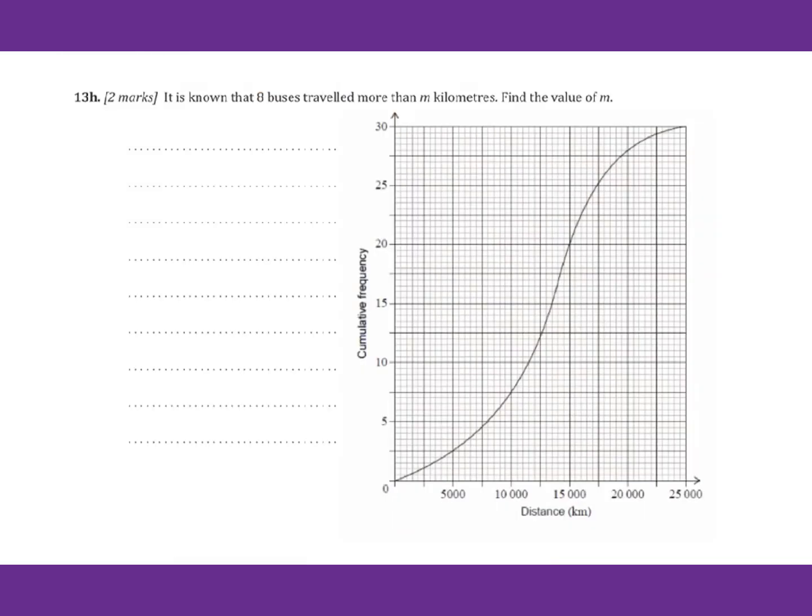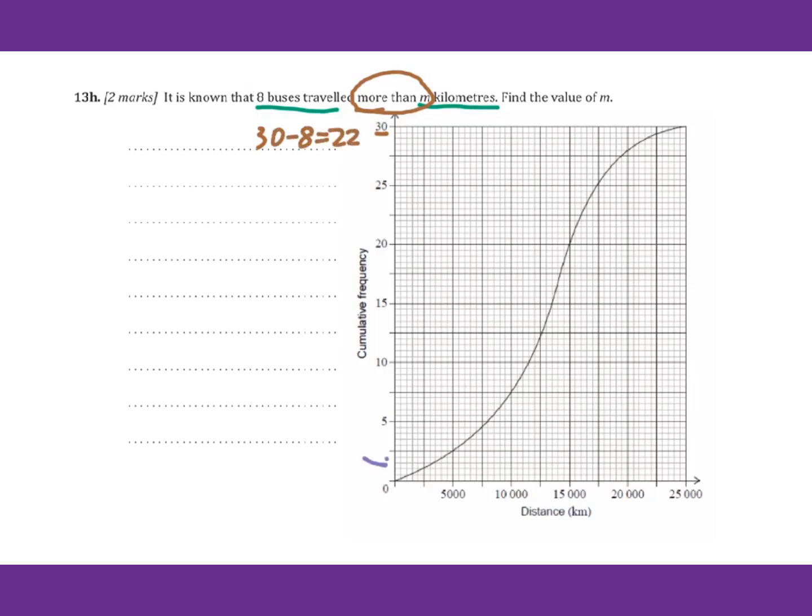Go to 13H. It's known that 8 buses travel more than m kilometers. Find the value of m. We see keywords here is more than. So from the top, this is a 30, go down to 22 because 30 minus 8 equals 22.